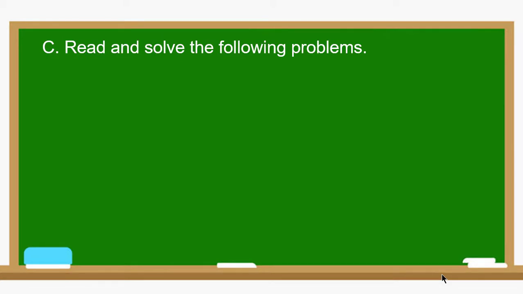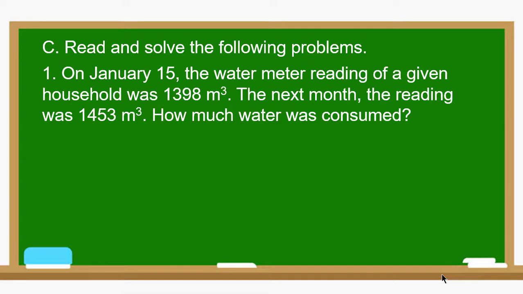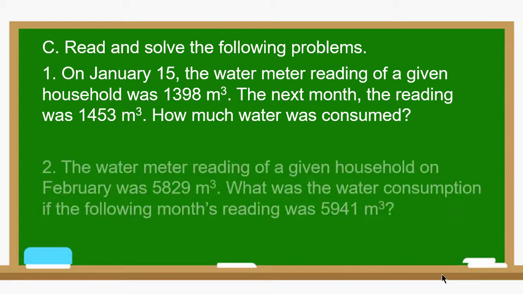Letter C, read and solve the following problems. Number 1. On January 15, the water meter reading of a given household was 1,398 cubic meters. The next month, the reading was 1,453 cubic meters. How much water was consumed?